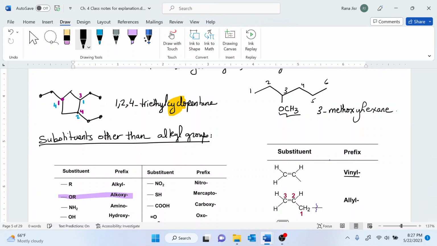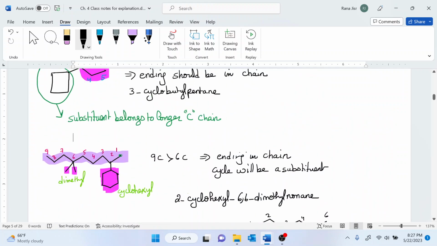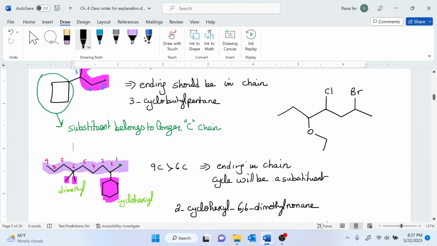Okay. Another example here, if I have something like this, and if I have an O like that, and if I have a Cl, and if I have a bromine, and I ask you, go ahead and name that, then you're going to start by this end over here, because the bromine is closer to this end. You're going to give the bromine here the lowest number.